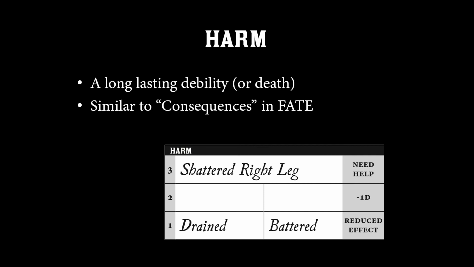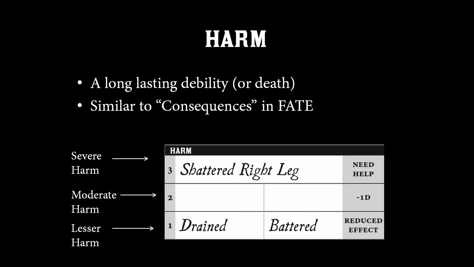All right, so you will see this image that has been reproduced from the book that shows the chart for harm that you might find on your character sheet. And you'll see it has 3 rows, 1, 2, and 3. The first row indicates lesser harm. The second is moderate harm, and the third is severe harm. Which type of harm you are going to take is determined by your position and roll result.